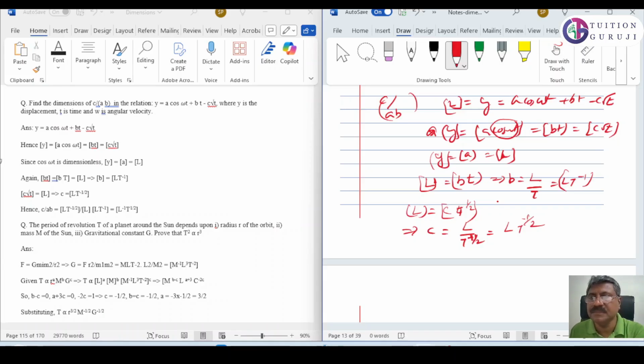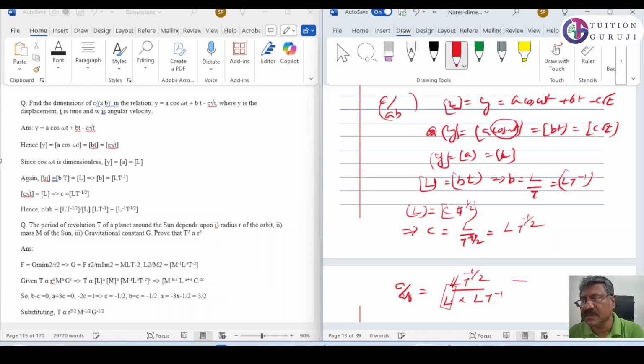So c by ab is equal to L t raised to minus half divided by a, which is L, into b, which is L t raised to minus 1, and L will get cancelled here.